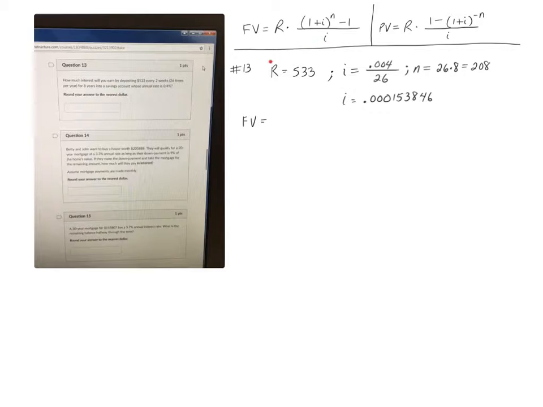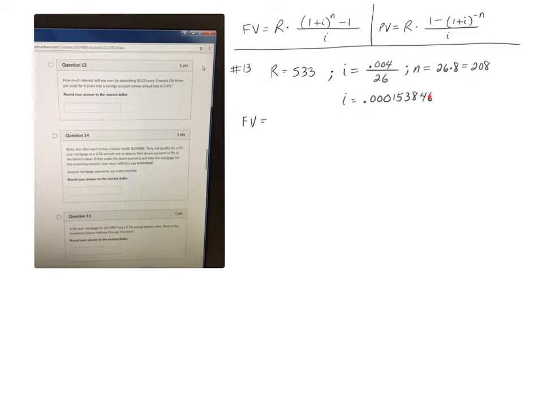So with this first one, I just texted you about if it's ordinary or not. If it's 0.4% as a decimal, that's 0.004. Divide that by how many pay periods there are, in other words, he's paying in 26 times a year. I took 0.004 and divided it by 26, and I got this.